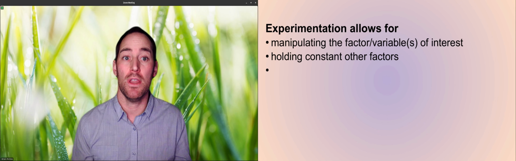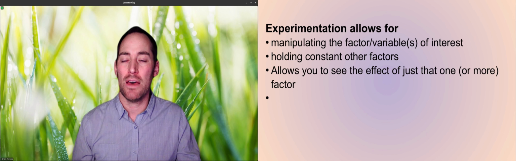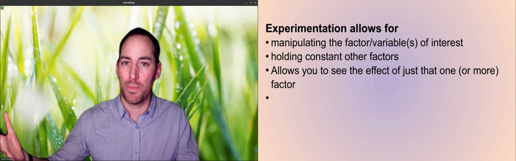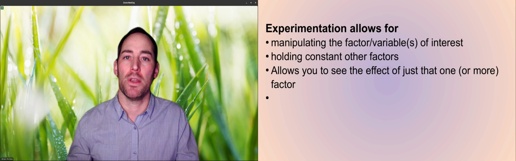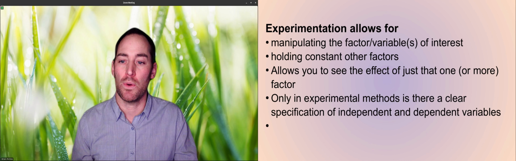So then you can know it wasn't because that room was stinky or that room was not stinky. You can say it was because of the loudness. So you hold constant the other variables. It allows you to see the effect of that one variable you're interested in, or the multiple variables if you have a more complicated experiment. But here we see if the loudness did make a difference in the test scores.